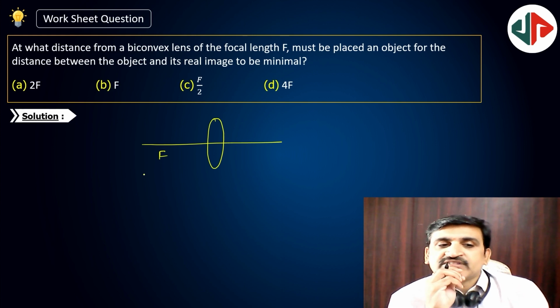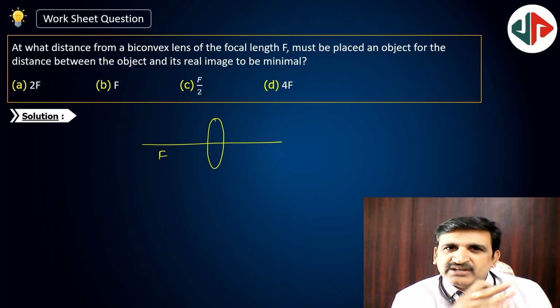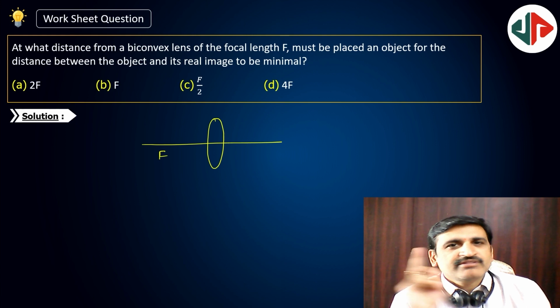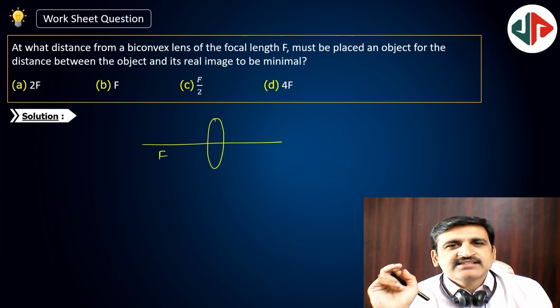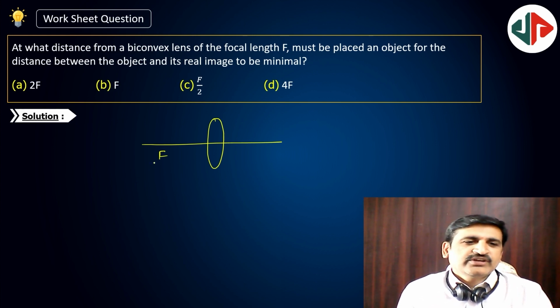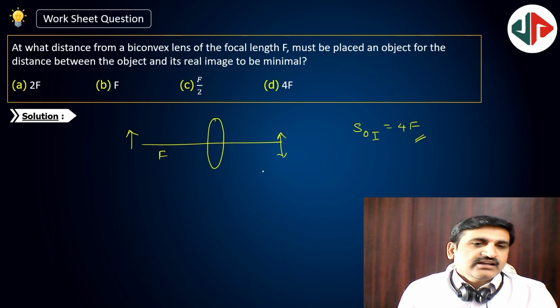See, if you put it in between C and F, then the image will be beyond C. If you put it beyond C, the image will be between C and F. Then where can you expect the minimum distance between object and image that we want? Yes, you are right. That is 2F only. If you put the object at 2F, then the image also comes at 2F, and the minimum distance between the object and image is 4F. This is the minimum distance. So the object must be kept at 2F.